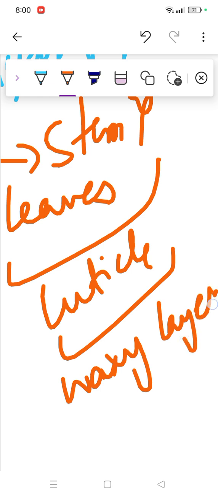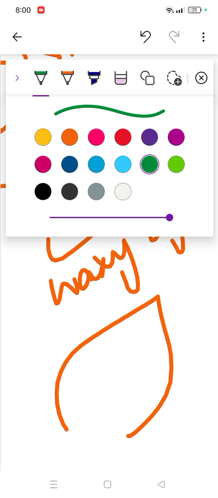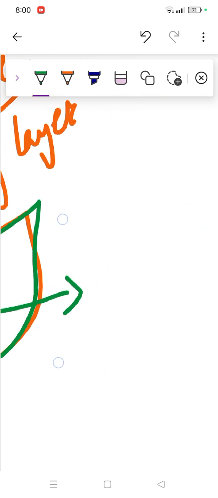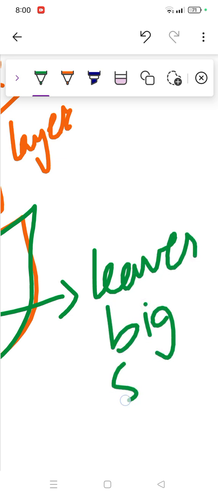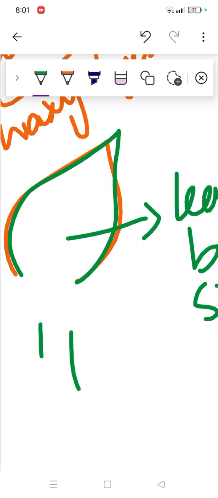If this is a leaf, their leaves are quite big. Leaves are big in size, just because they have a good amount of water provided.